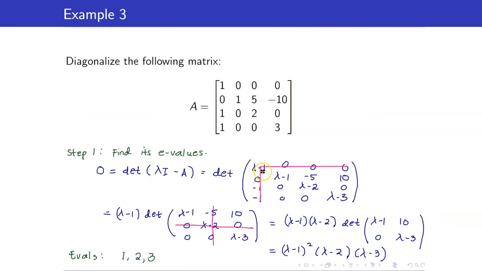So, for example, if you consider this matrix A, here, 1 is an eigenvalue with algebraic multiplicity equal to 2 because it appears twice when we compute its characteristic polynomial.